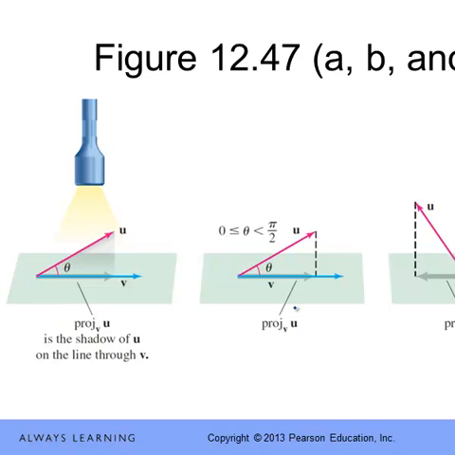What I want to talk about right now, though, is the idea of projection of one vector onto another. Very important, especially for physics. We're going to talk about some basic things here, though. For those of you who take physics and also engineering classes, you'll have plenty of practice with this.